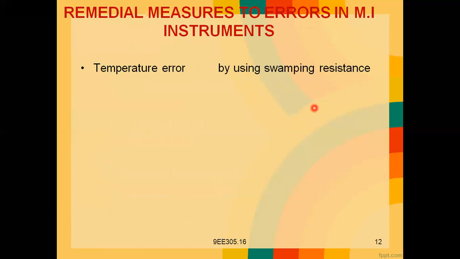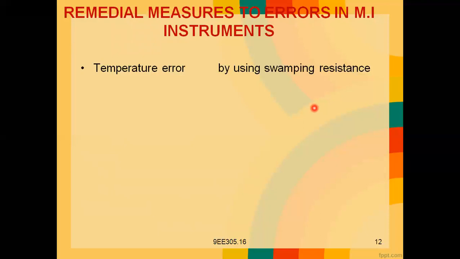Temperature error. Temperature error can be reduced by using swamping resistance. So we see that we have a coil made up of copper. Copper will have some resistivity, because we are using a long copper wire for making the coil. We cannot ignore the resistance of copper.